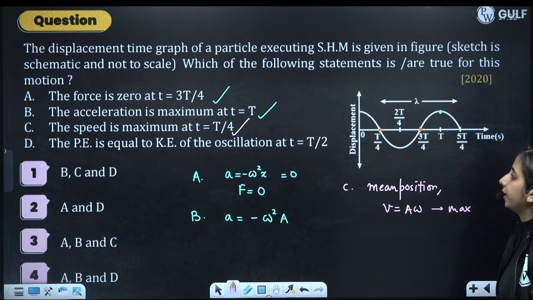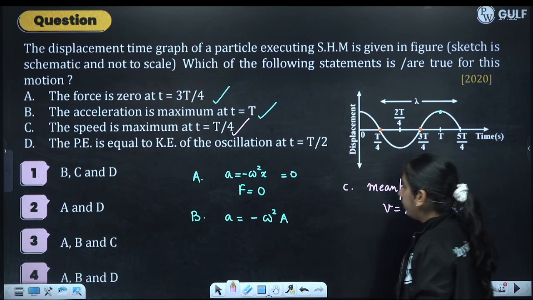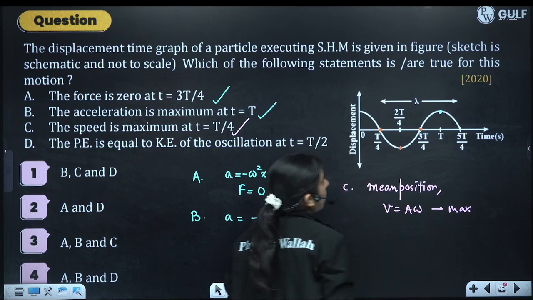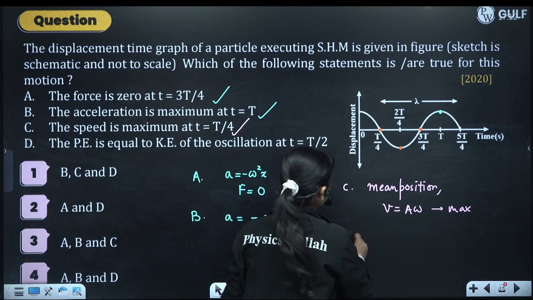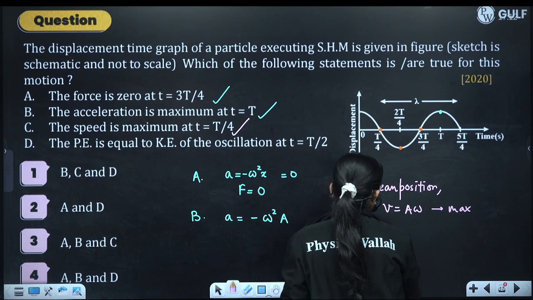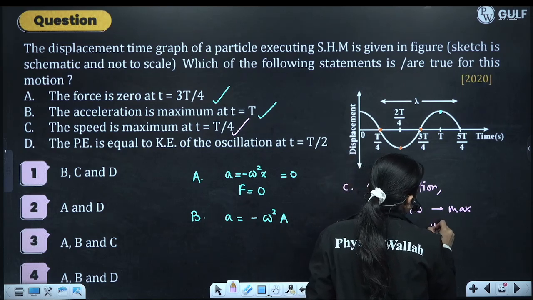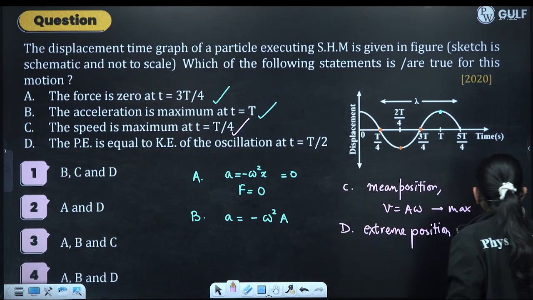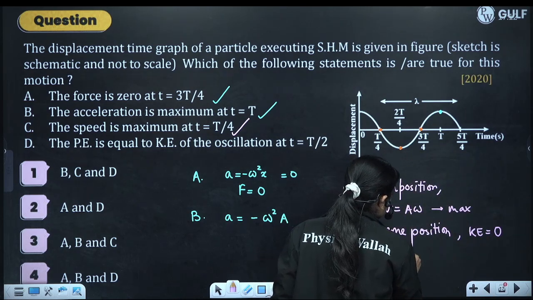This is also correct. The potential energy is equal to kinetic energy of the oscillation at T by 2. Where is the particle at T by 2? The particle is at the negative extreme at T by 2. In the extreme position, kinetic energy will become 0, so potential energy is maximum.